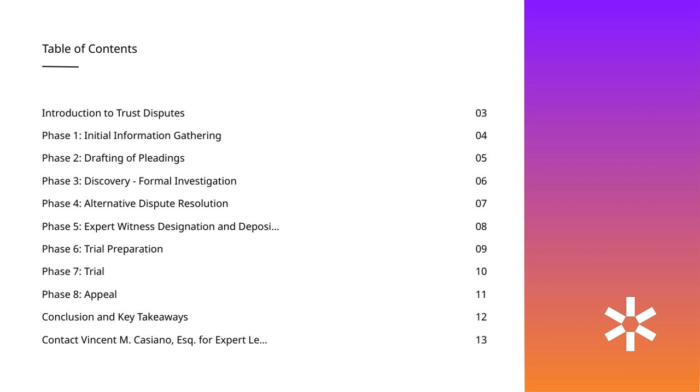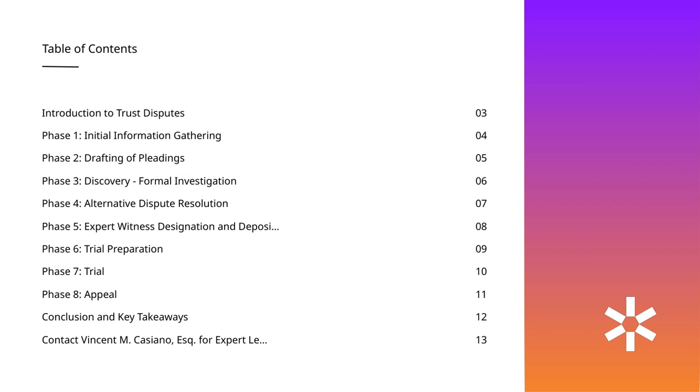In Phase 4, we explore alternative dispute resolution options, such as mediation or arbitration, which can sometimes resolve disputes more efficiently without going to trial. Phase 5 covers the designation of expert witnesses and depositions, where specialists are brought in to support our case and sworn statements are taken.